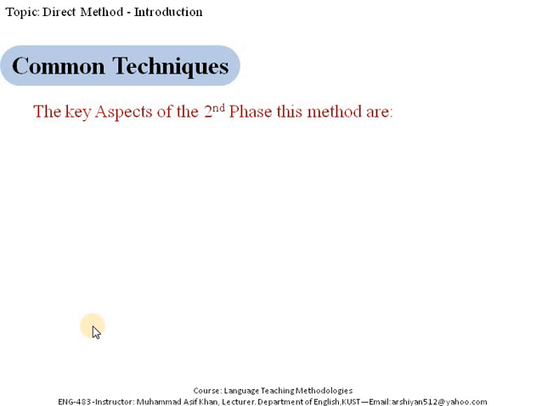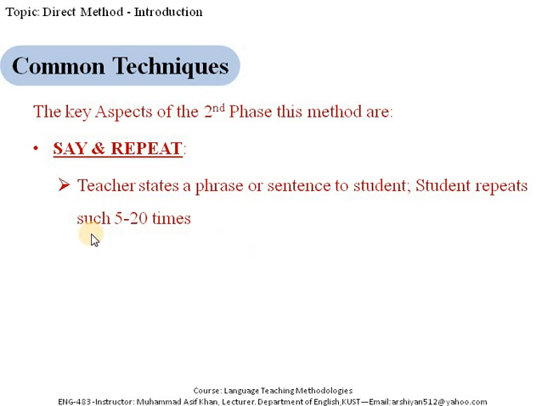Then comes the second phase, that is the intermediate phase, and here the teacher states a phrase or sentence to the students, and students repeat such phrases or sentences 5 to 20 times. And now it is not that simple, because earlier the teacher just introduced a word, number, alphabet characters or concept, but here he is moving towards advanced concepts, introducing complete sentences to the students.